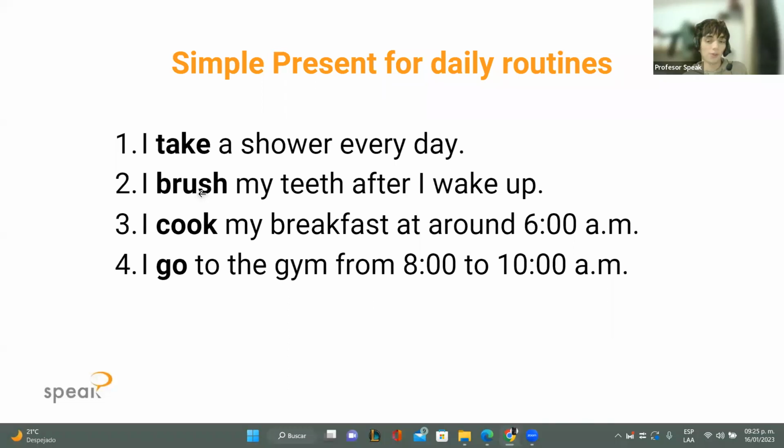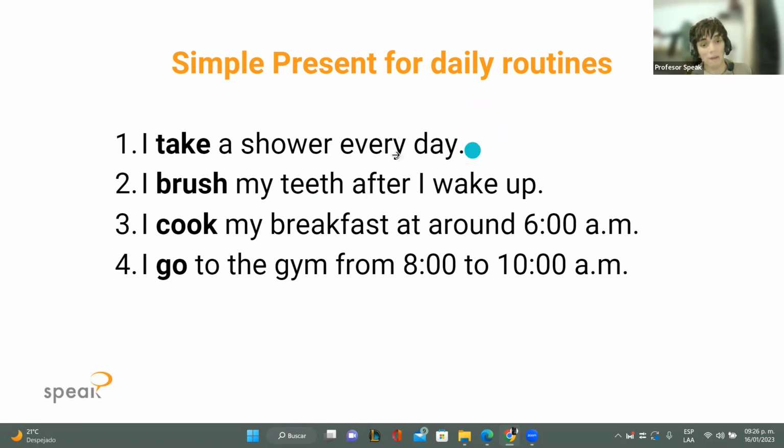Very good. So in this one, it is not necessary to say o'clock. We can easily say, I cook my breakfast at around 6 a.m. That's it. Okay. So very good, guys. Remember that we are talking about daily routines, so it is very important to mention time expressions.